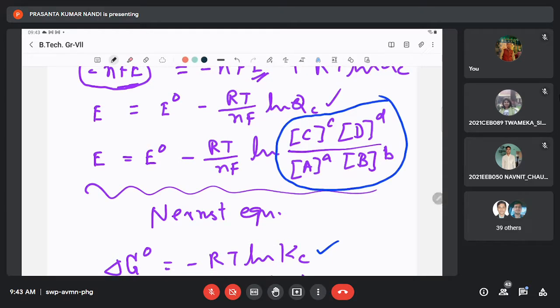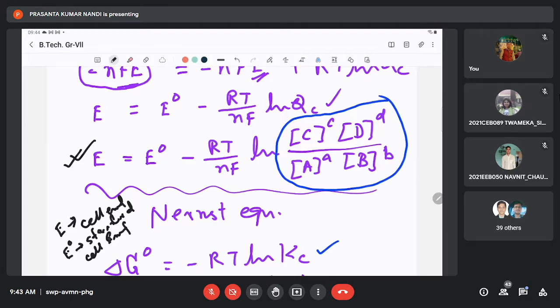This is very, very important for calculating the cell EMF E, which we call the cell EMF, and E0 we call the standard cell EMF.